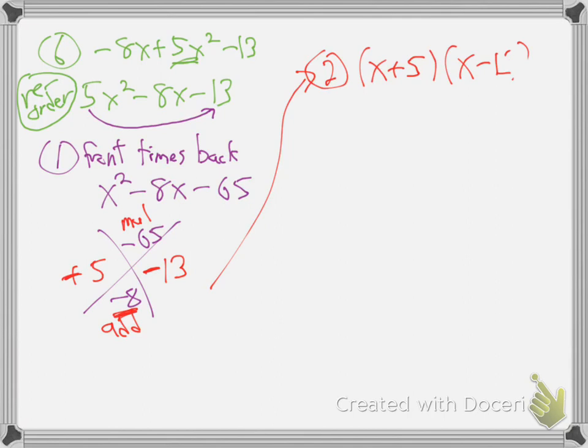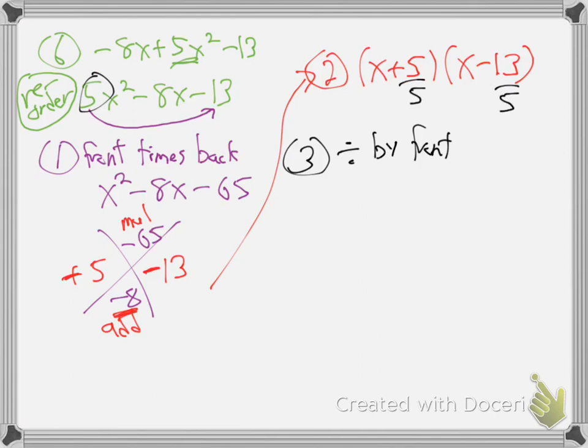And now, what do I do at this point? Step 3, divide by the front. So what was in the front? The 5. So you divide by 5, and reduce whatever can be reduced.